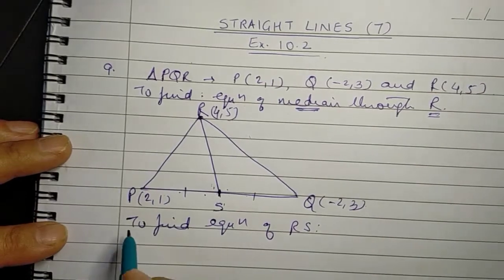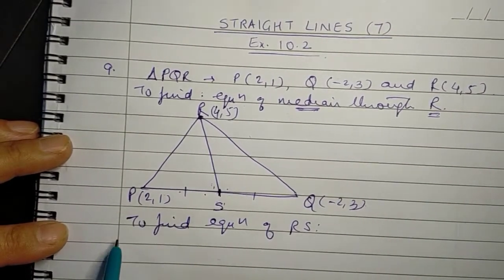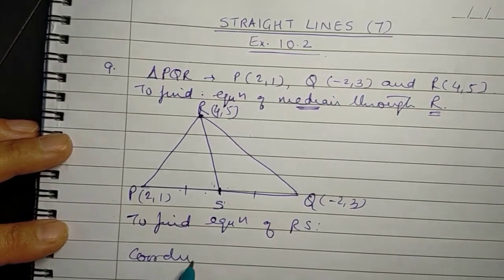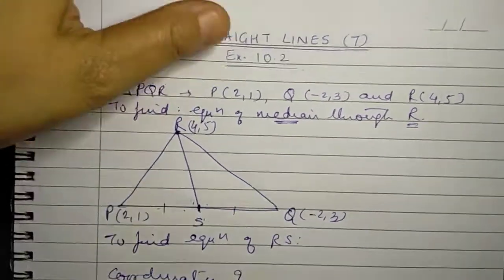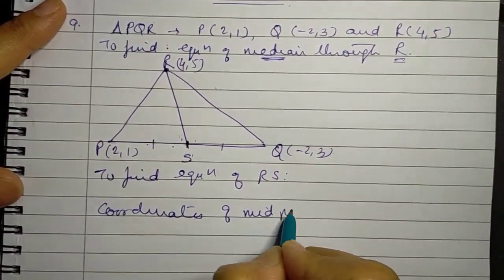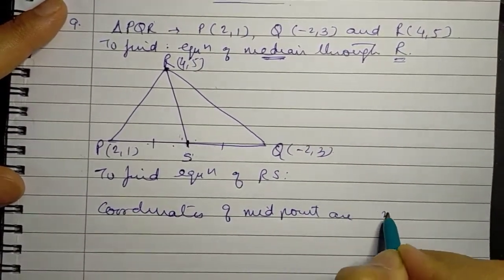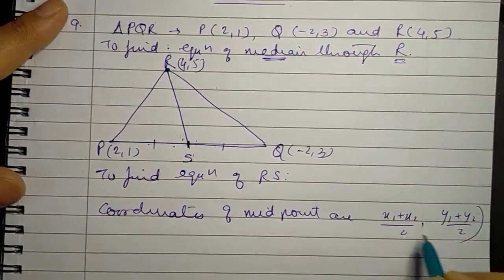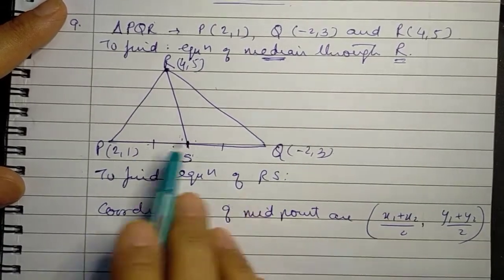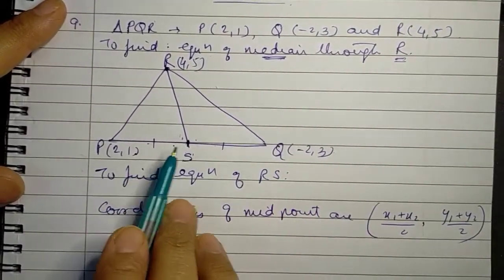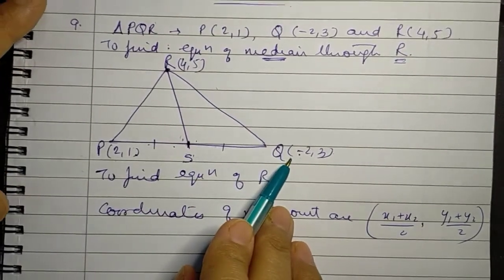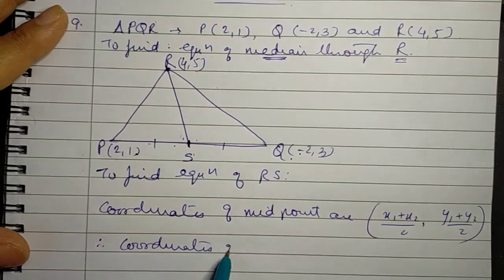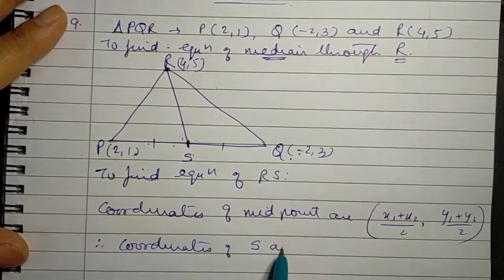Okay, so let's start. Now what is the midpoint formula? The coordinates of midpoint are x1 plus x2 over 2, y1 plus y2 over 2. So here now the 2 points x1 y1 and x2 y2 are P and Q respectively. Therefore coordinates of S are.